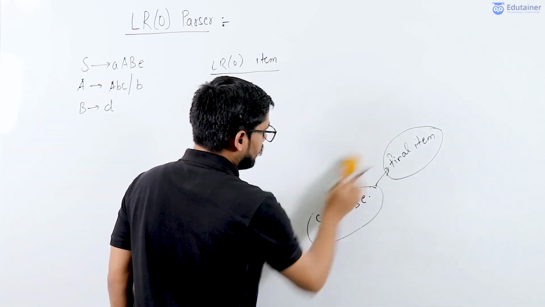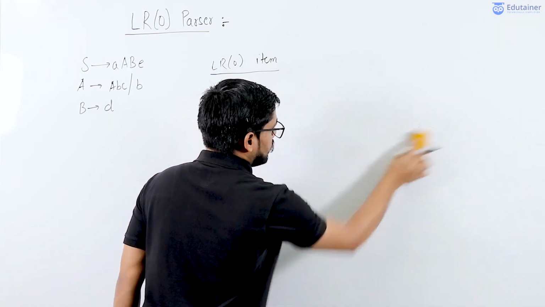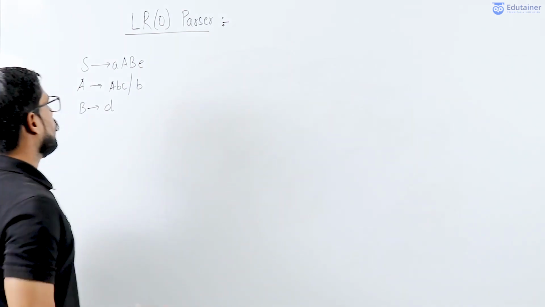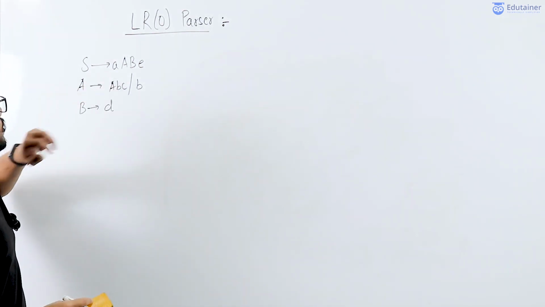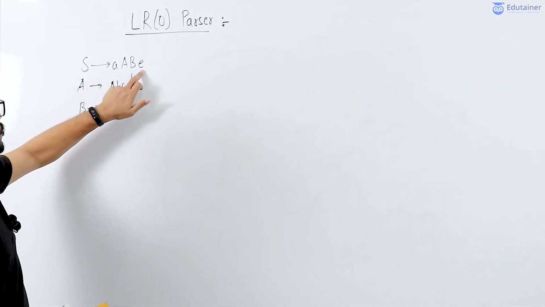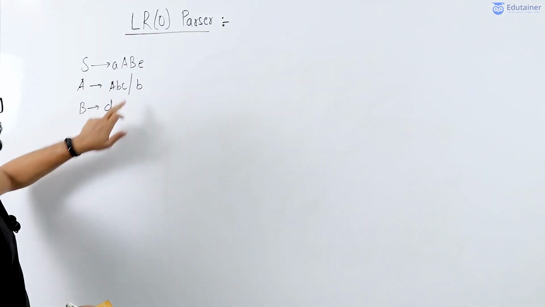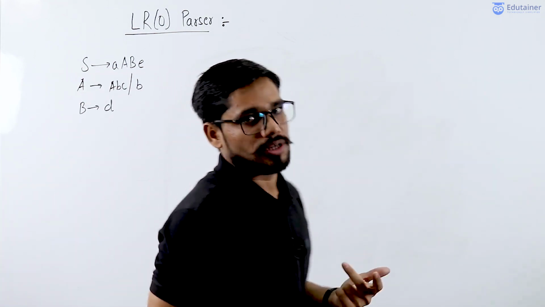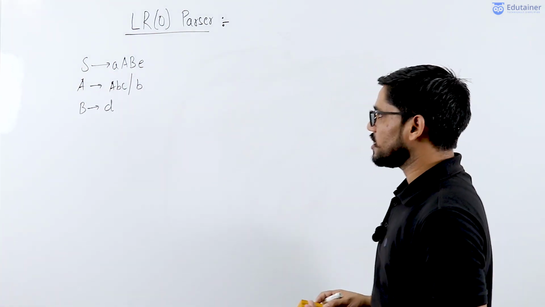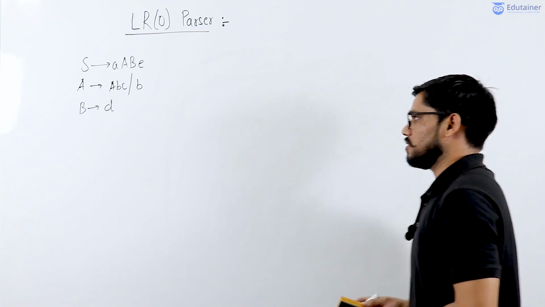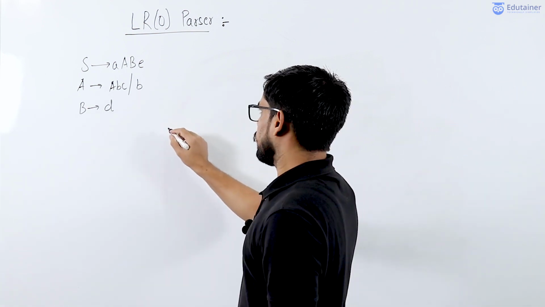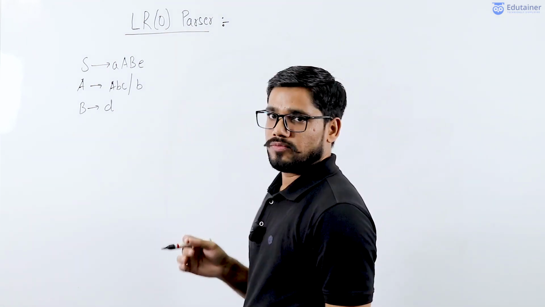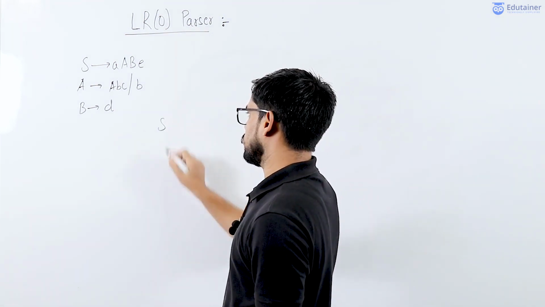So let's construct the canonical collection of LR0 items for this grammar. In this grammar I have three productions, three variables, and how many terminals? 1, 2, 3, 4, 5. So in total 6 terminals along with the dollar symbol, and 3 variables. So first of all, whenever you take any grammar, you start by adding the augmented production.